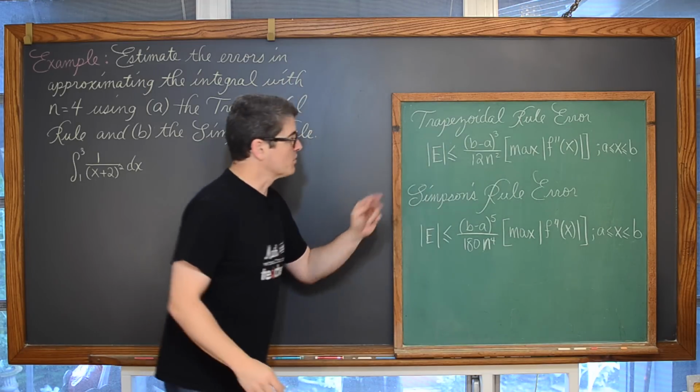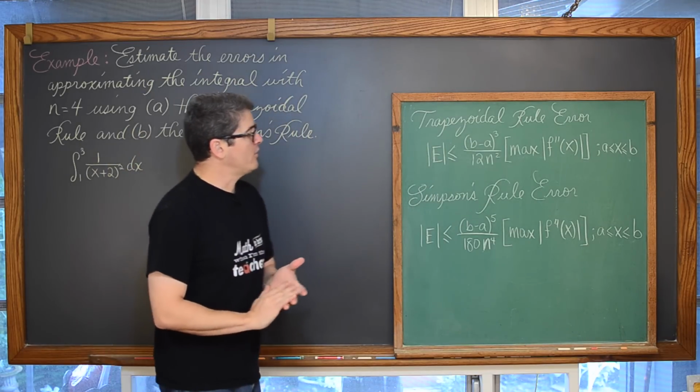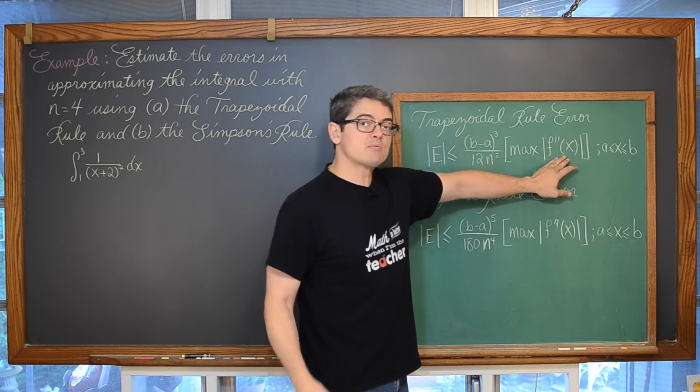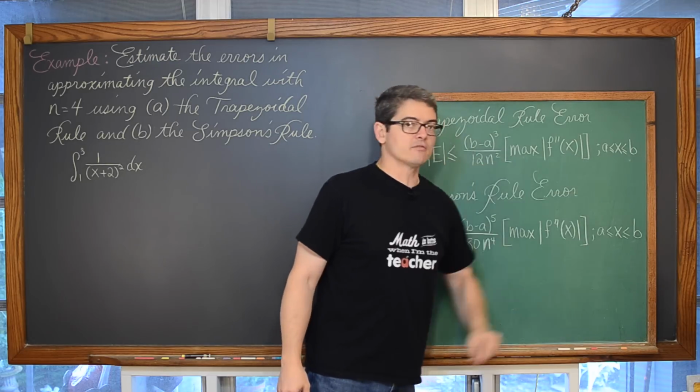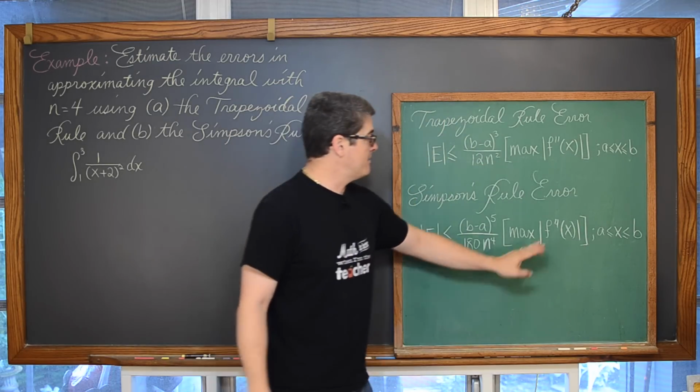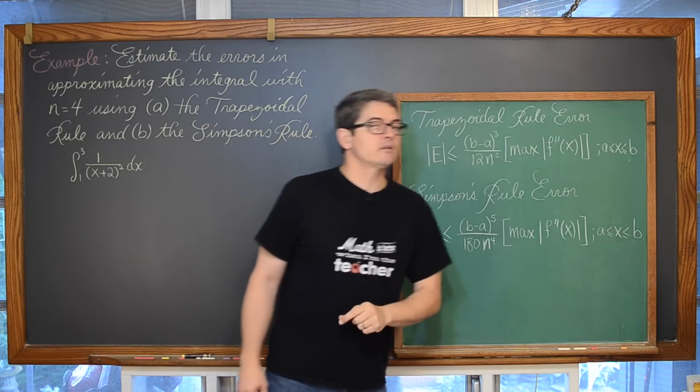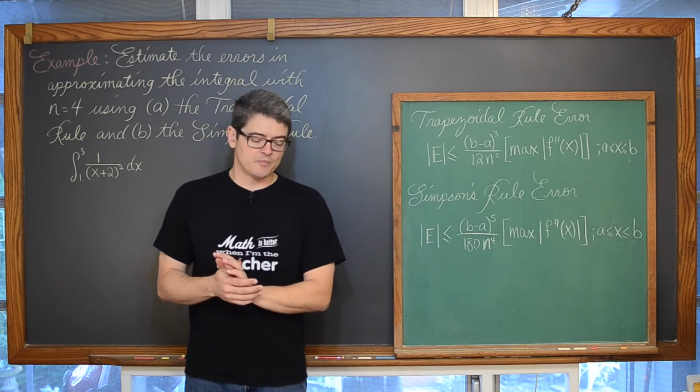Having the rules back up here to remind you one more time, we are going to be looking for the maximum of a second derivative on a closed interval for the trapezoidal rule and the maximum of a fourth derivative on that closed interval for Simpson's rule.